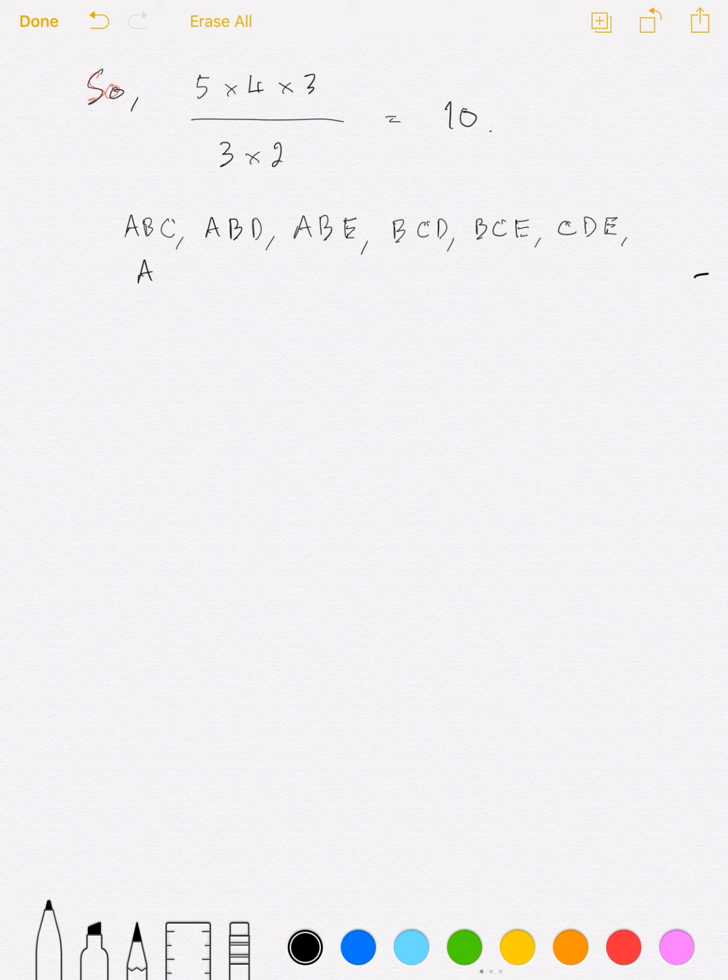Oh, I forgot, A, C, D, A, C, E, and then A, D, E. So we have 6 with A, then B, D, E of group B, and then C, D, E. So these are the 10, given that all the arrangements of A, B, C, such as A, C, B, are the same.